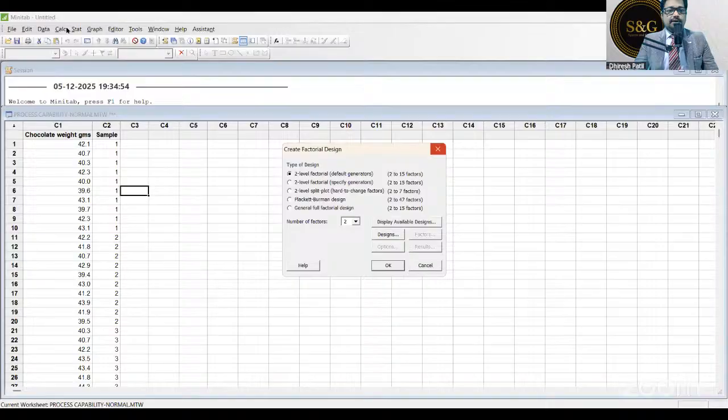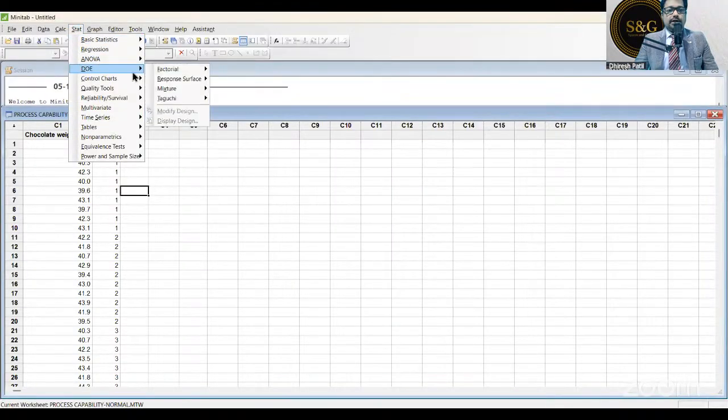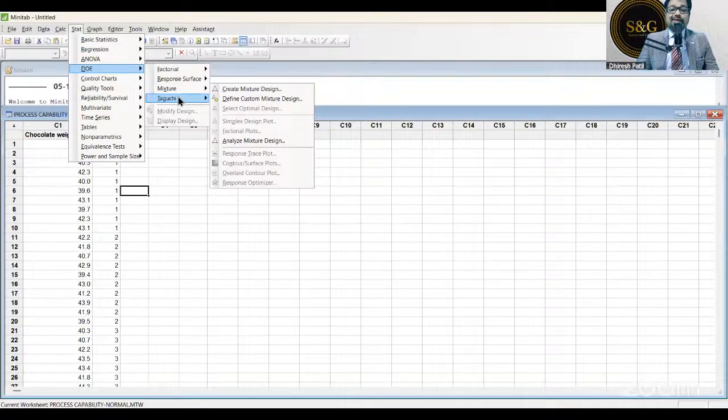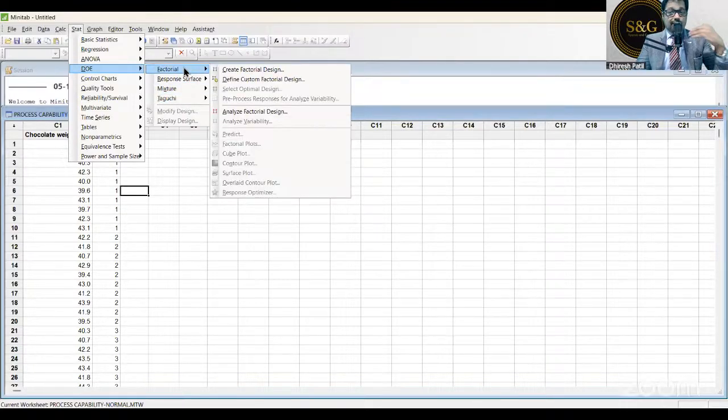See over here, factorial is what is covered in the black belt level. Response surface method, mixture, Taguchi, this is something we will cover in the master black belt level. These are very advanced level design of experiment concepts.